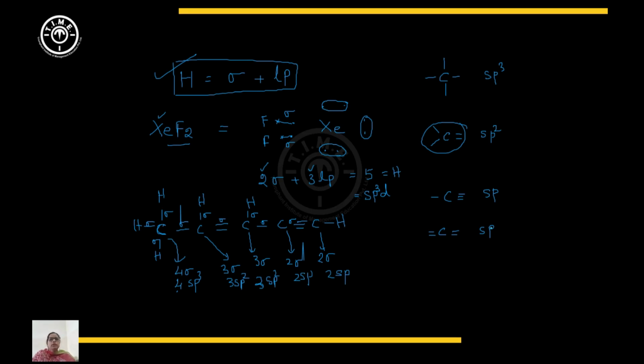I hope you understood all the 3 ways of finding the hybridization. This is almost similar to this only, but here we are not talking about the lone pair of electrons. Only by seeing the structure you can find the type of hybridization by identifying the bonds around the carbon. 4 single bonds sp3, 1 double bond and 2 single bonds sp2, 1 triple bond and 1 single bond is sp. If the carbon has 2 double bonds, one on each side, it is sp hybridization.